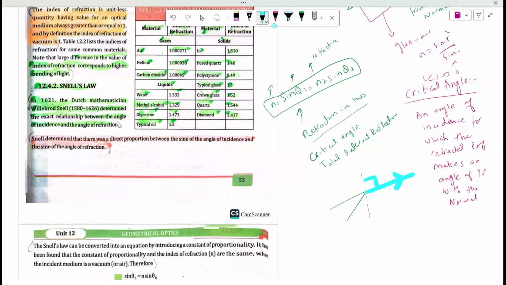It goes like this, such that it makes an angle of 90 with the normal. This is my normal, and this is my incident ray. This is my refracted ray, and it's making an angle of 90 with the normal. Such an incident angle is known as the critical angle. An angle would be called a critical angle if the refracted ray is making an angle of 90 with the normal. Clear?